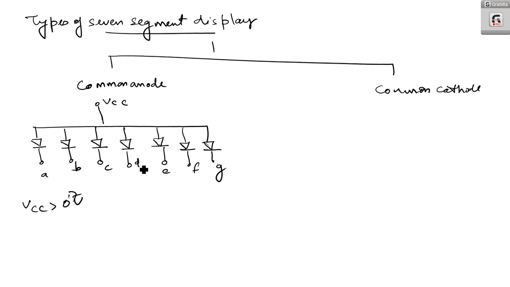That is the voltage required for the diode to get forward biased. That means each diode will get forward biased.